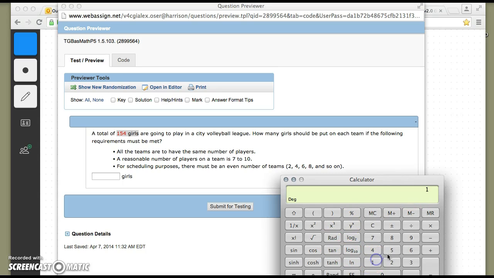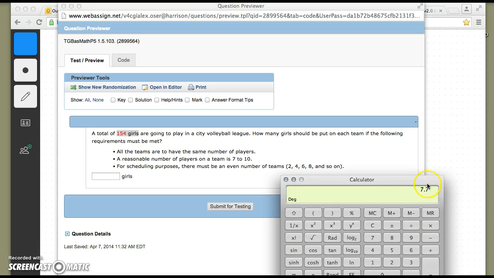So 154, I think we just tried 18. Let's divide by 16. That's 9.625, so once again, still a remainder. 154 divided by 14 would be 11 players to a team, again, it has to be between 7 and 10 players. 154 divided by 20?